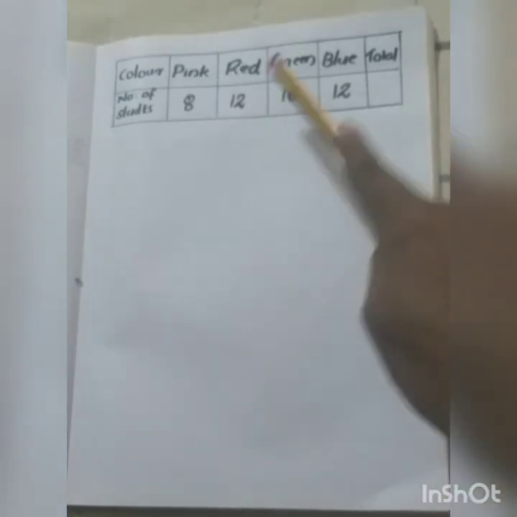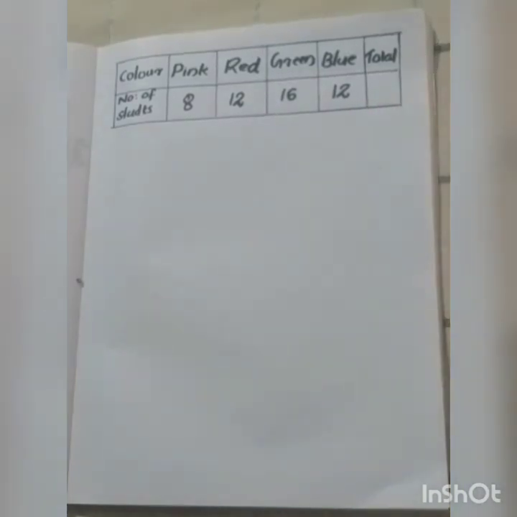So, for that, in total how many students are here? 8 students like pink, 12 students like red, 16 students like green, 12 students like blue. So altogether how many students will be there? The teacher collected altogether 48 students' data. So out of this 48 we have to find out how much part of the circle represents each color.